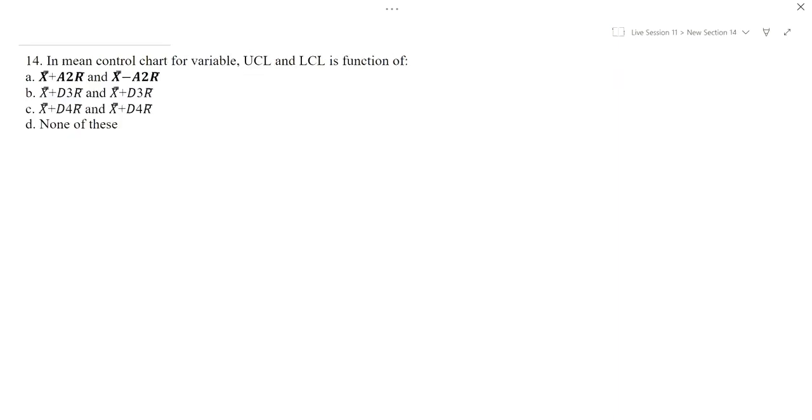So the next question: in a mean control chart for variables, the upper control limit and lower control limit are a function of which of the following? Now, upper control limit is equal to x bar plus A2 R bar, lower control limit is equal to x bar minus A2 R bar.